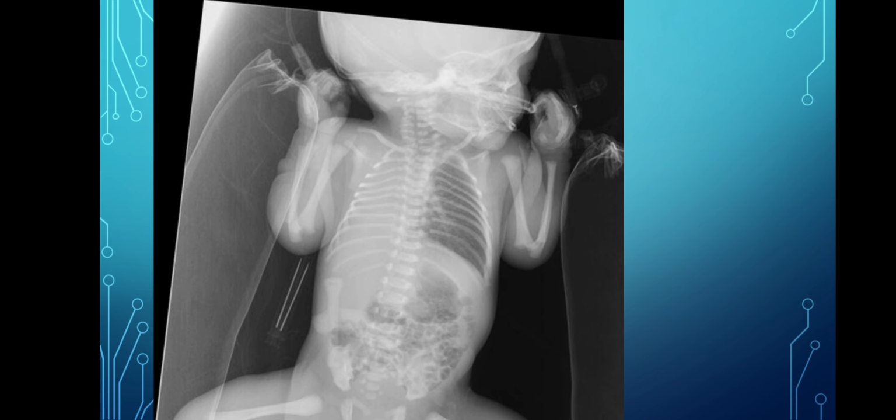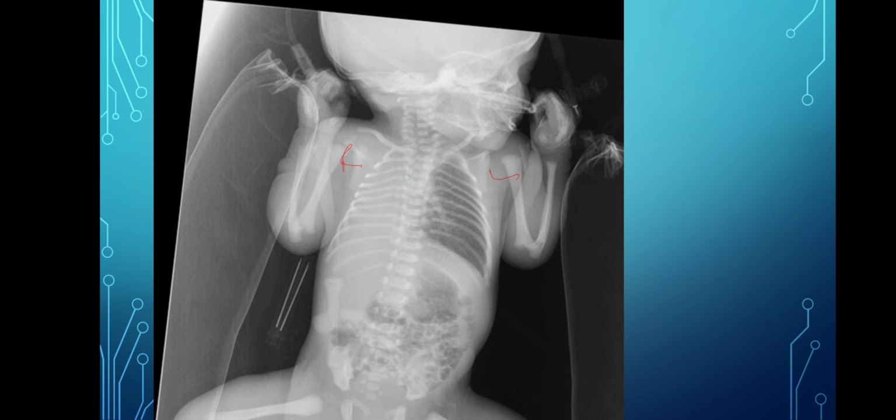Now next, this is a skiagram of a chest taken in AP view with proper exposure and a small rotation, and rotation to the right side is seen. This X-ray shows crowding of the ribs on the right side. So this is left and this is right.